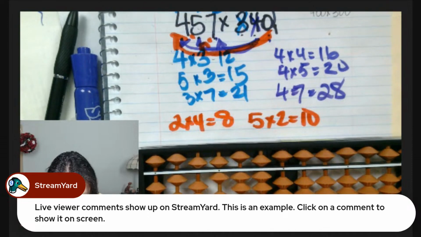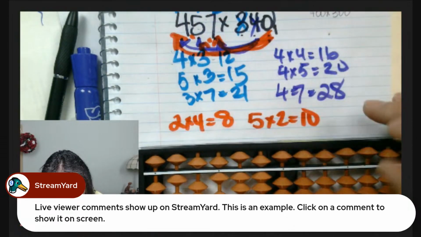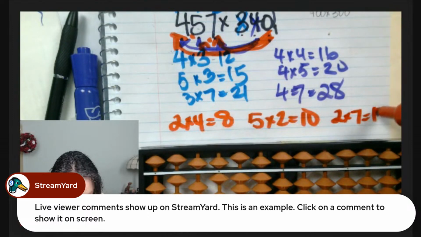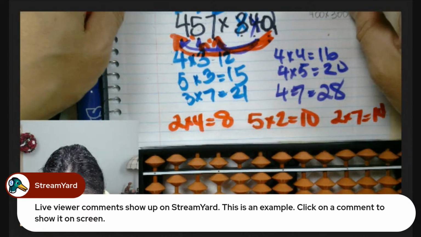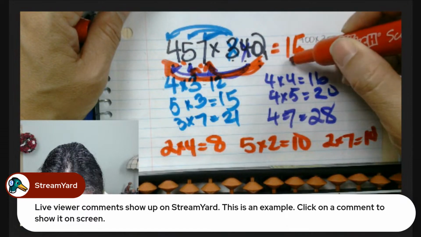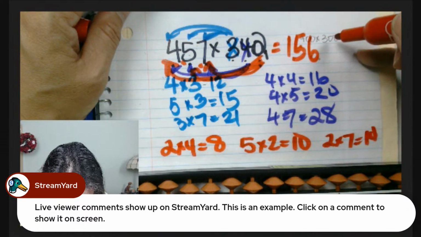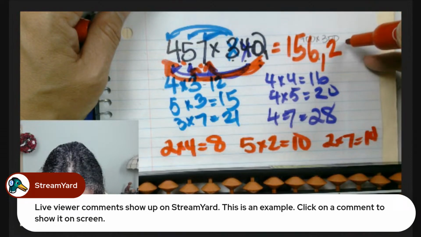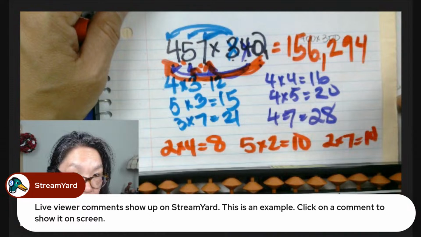I add 1, I have 0. 2 times 7 is 14. Add 1, add 4. Ugh, that's a big number. So my final answer is 156,294. I hope that's right.